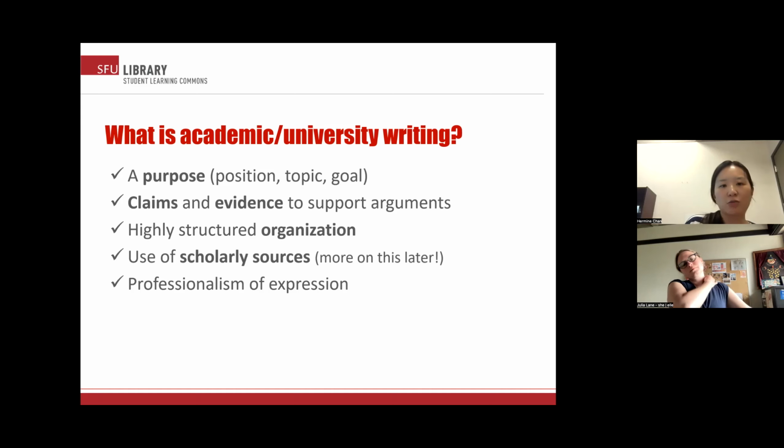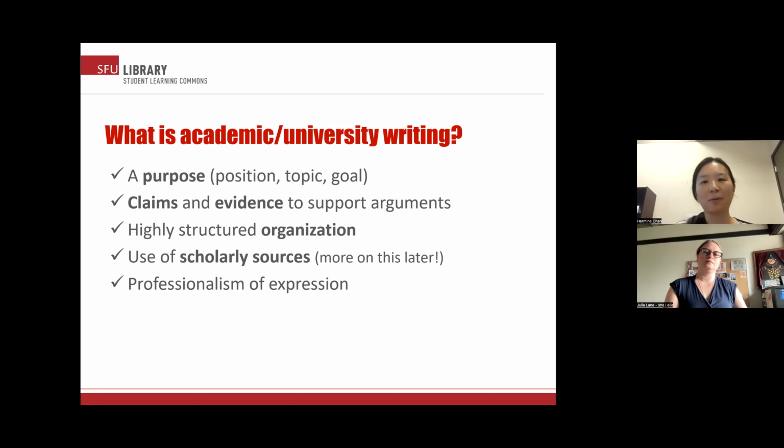Usually the writing will follow a standard structure, and it will have to be really organized. Again, you will have to use scholarly sources, and a certain amount of professionalism is expected in your writing. So it's not like writing a letter to your best friend. You will have to use more formal, academic language to talk about the subject matter.